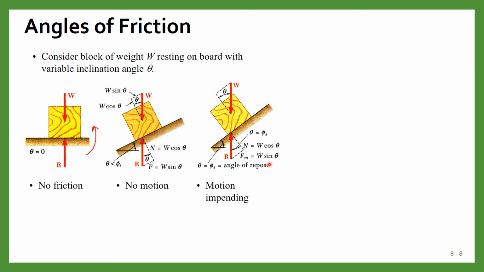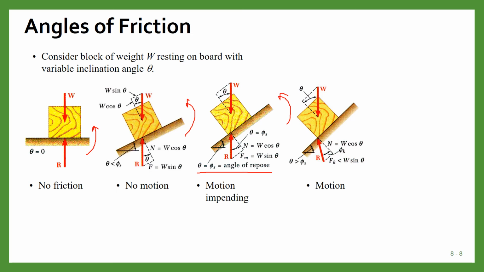Now if you continue to increase this angle, at one point the motion is about to start, meaning motion is impending. In that case we call this angle theta equal to theta s the angle of repose, and this is equal to phi s, which is the angle of friction.